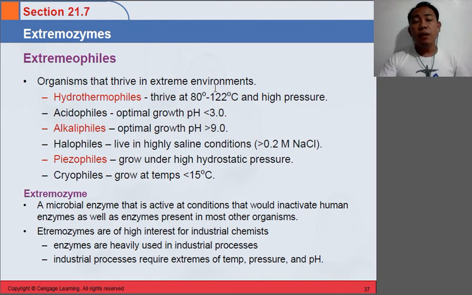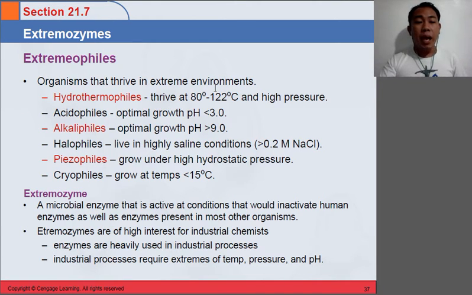We have another enzyme known as the extremozymes. And this is actually produced by extremophiles, organisms that thrive in extreme environments. When we say extreme environments, these are hydrothermophiles that thrive at 80 degrees to 122 degrees Celsius in high pressure.